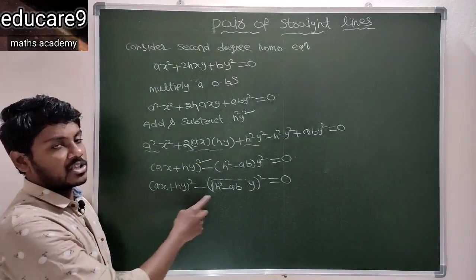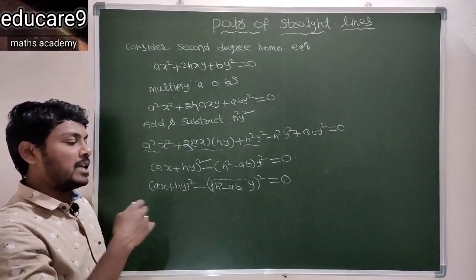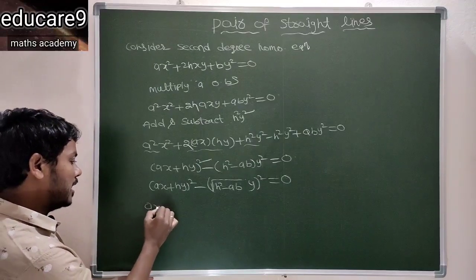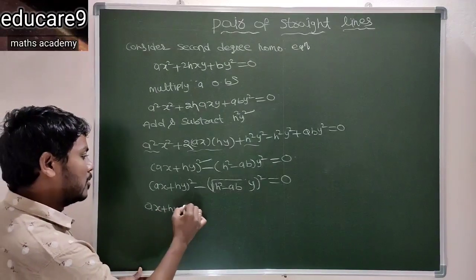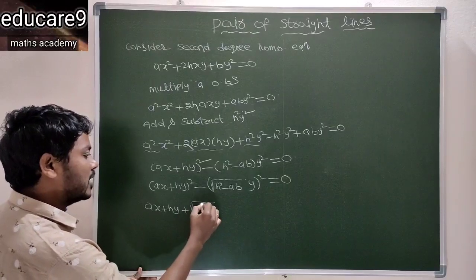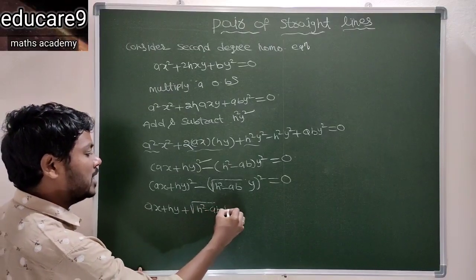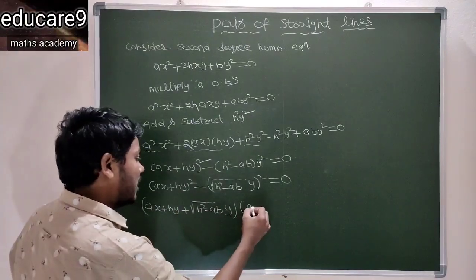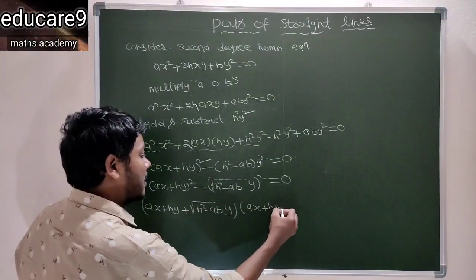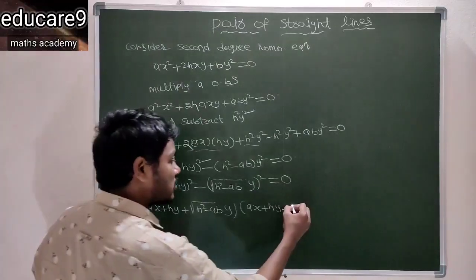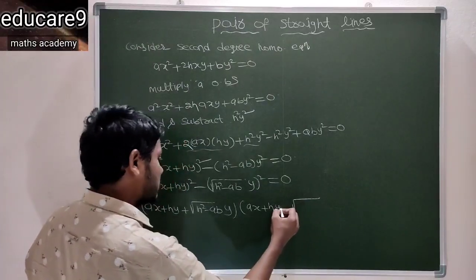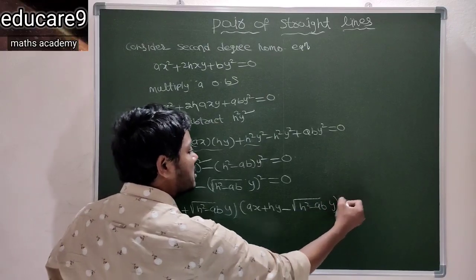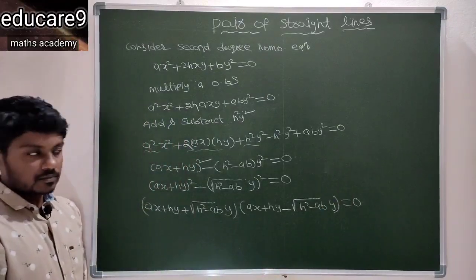In the form of a square minus b square, we write it as a plus b into a minus b. Therefore this is ax plus hy plus square root of h square minus ab into y, into ax plus hy minus square root of h square minus ab into y, is equal to 0.